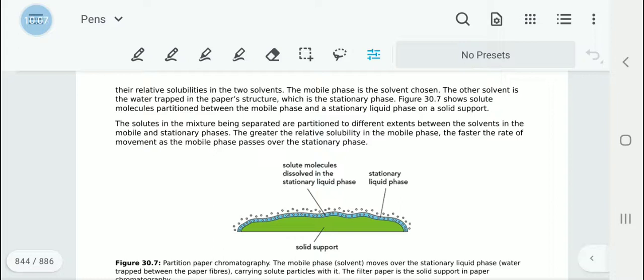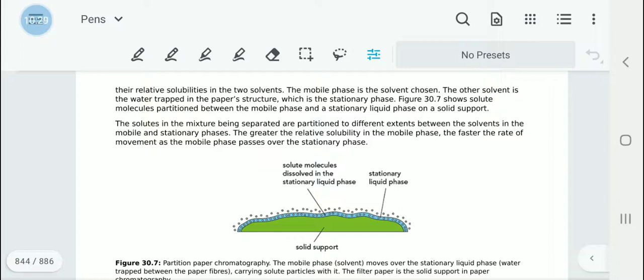Now the solutes in this mixture are separated and partitioned between the solvent, which is the mobile phase, and the stationary phase, depending on the solubilities.